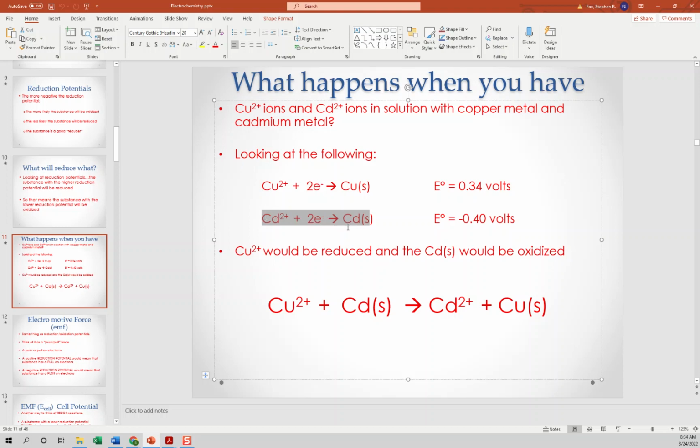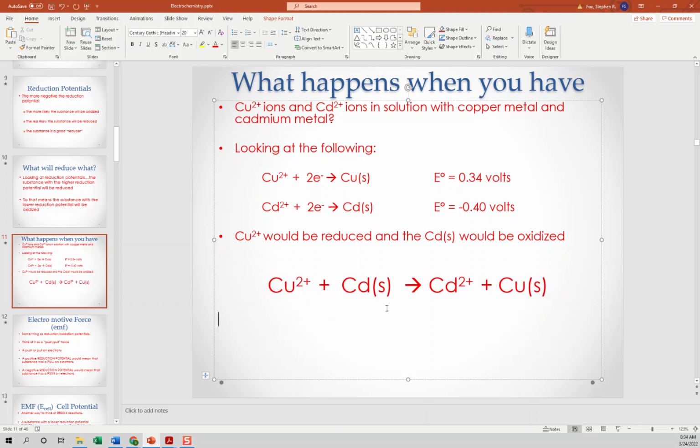And so if I reverse this reaction and I add the 2 together, the electrons cancel out, and I get this reaction, and the overall cell potential for this reaction is going to be E ox plus E red, and in this case that would equal the E ox, positive 0.40, plus 0.34, and that would give us 0.74 volts.